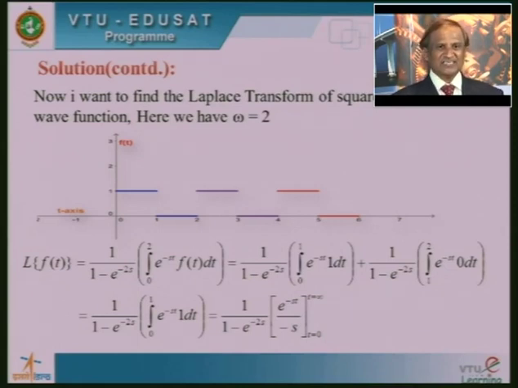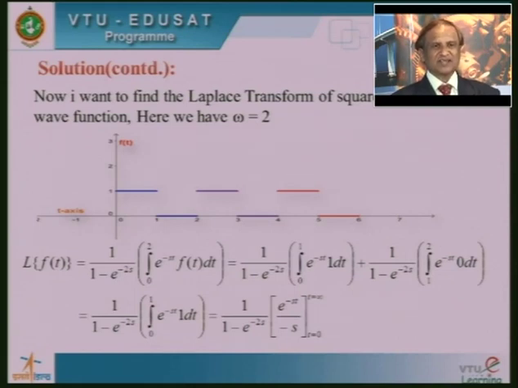Here our function is the square wave function, that is equal to 1 divided by 1 minus e to the power minus 2 into s, because I have replaced ω by 2. Within the bracket, integration of 0 to ω is there, no? ω can be replaced by 2, e to the power minus st into f of t dt, that is equal to 1 divided by 1 minus e to the power minus 2 into s, integration of 0 to 1, because I want to split 0 to 2 into 2 parts.